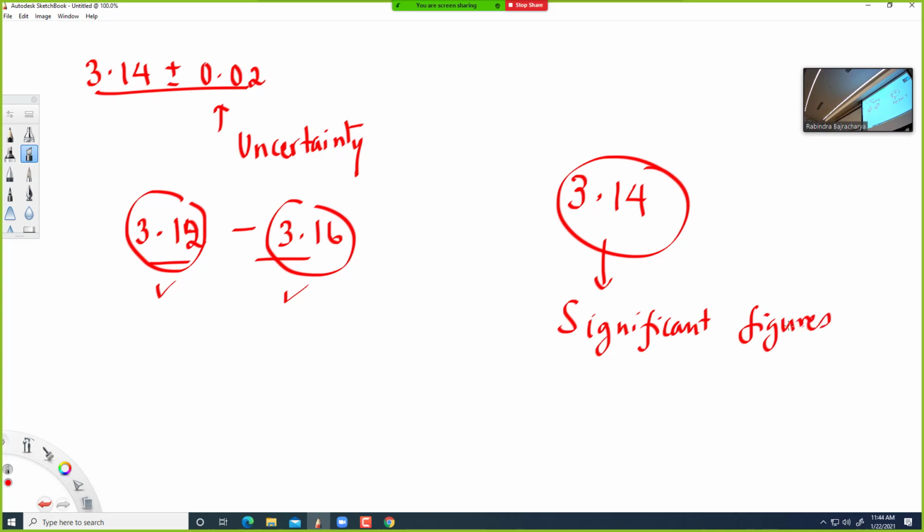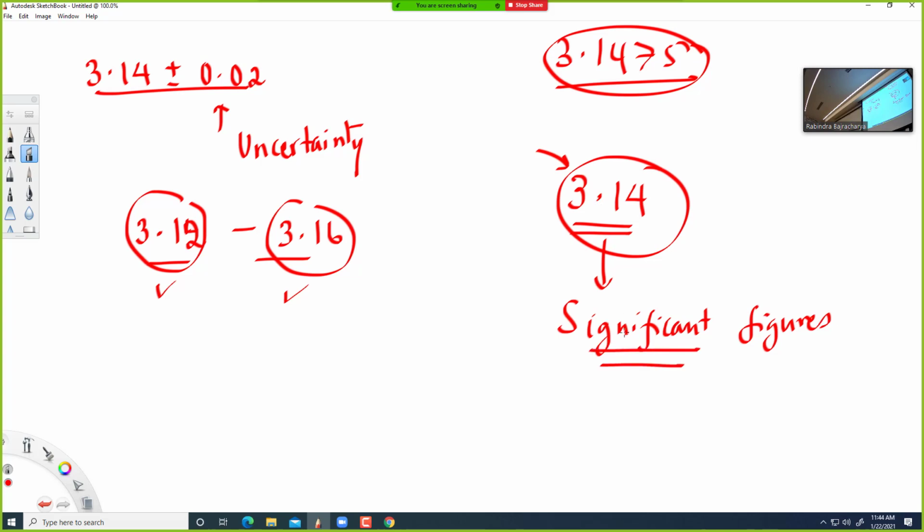Sometimes people write 3.145 like that, but you cannot write a long number like that, because your instrument can only measure up to 3 digits. It can reliably express only 3 digits, so that's the significant figures.